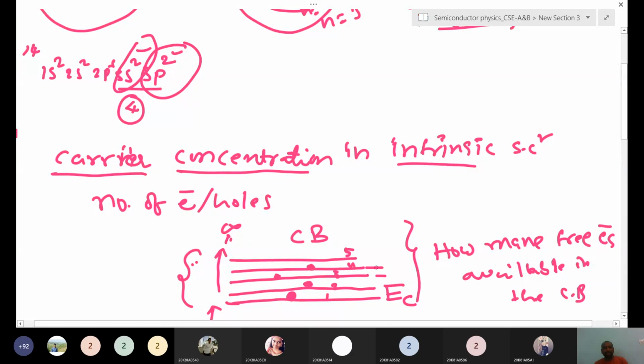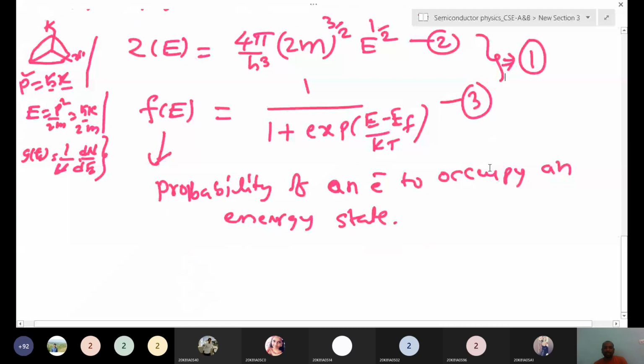So now, let's take this as equation 3. Equations 2 and 3 you substitute in equation 1. Here we will consider one small thing. Suppose it is at or above room temperature, or if you take all possible temperatures, EF is always much greater than KT.